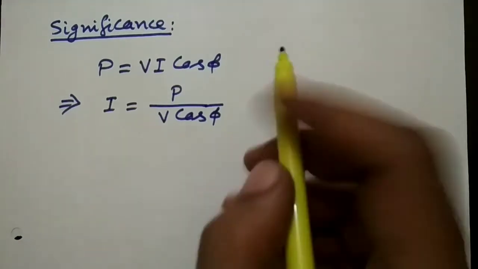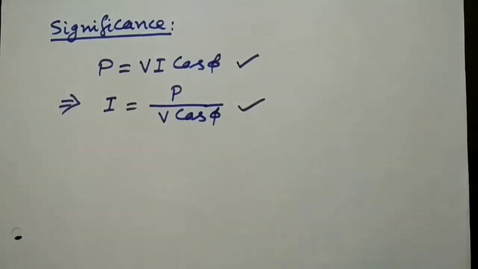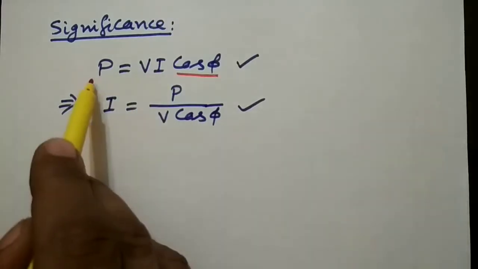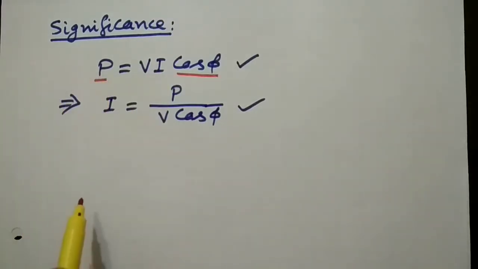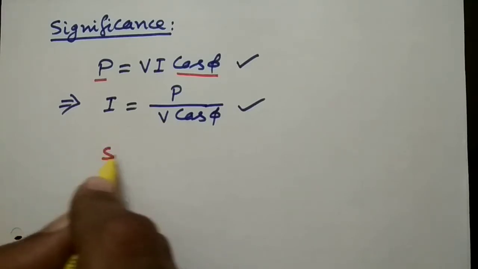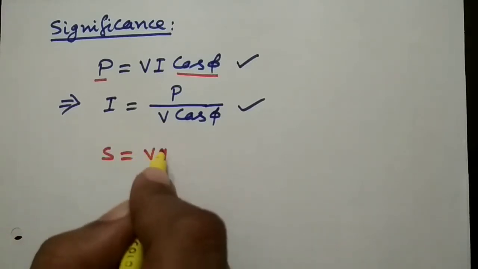So from these two relations we can see that for a particular voltage and circuit current, the power factor decides how much amount of power can be utilized. Here V into I is considered as the apparent power.